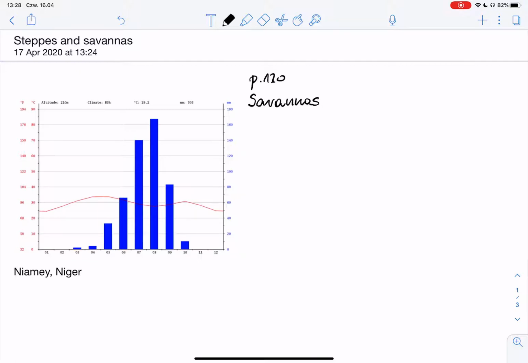And as you can see on this map, basically to the south and north from tropical rainforests, there are savannas, and they occupy huge areas in Africa.